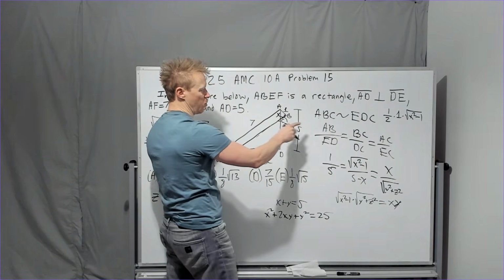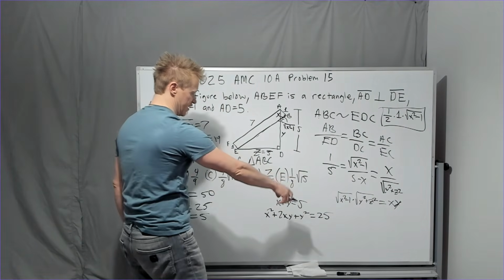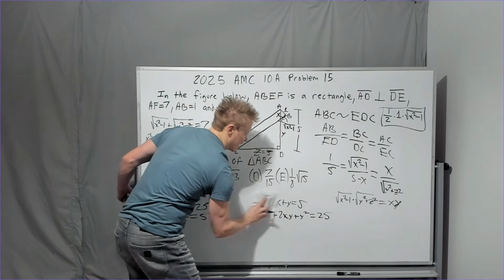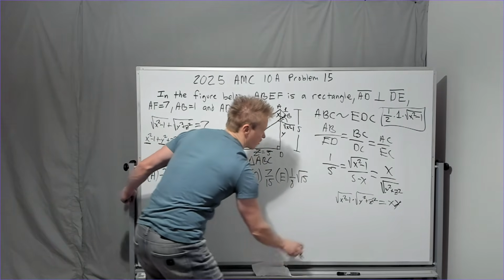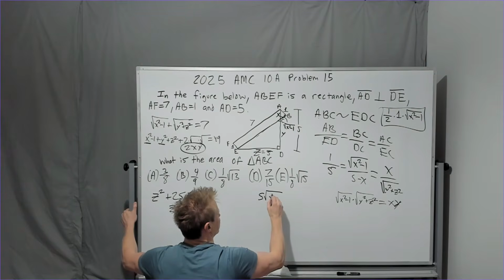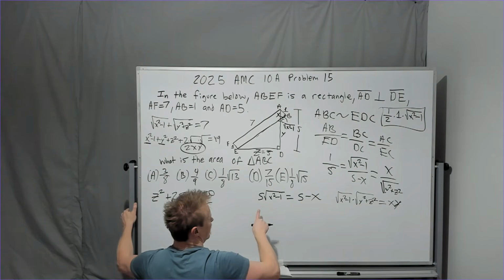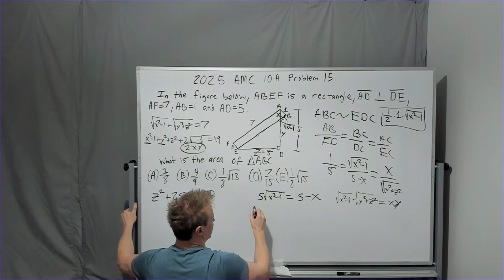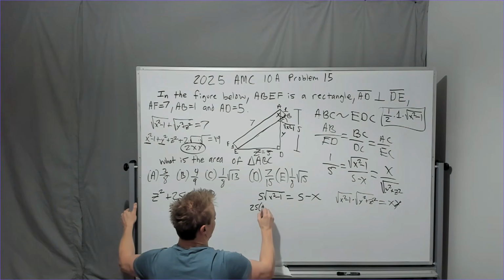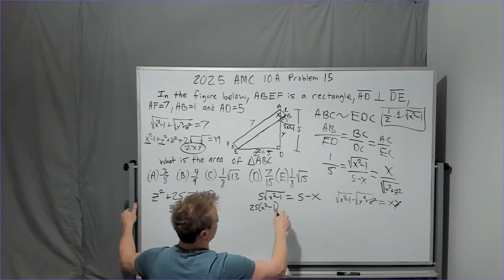Again, write what you want so you have a plan of what you're looking for. Now I'm going to go ahead and erase this again out of the way, and I'm going to cross multiply this. So I get 5 root x squared minus 1 equals 5 minus x. Going to square both sides right now. I'm going to get 25 times x squared minus 1. Yeah, you're going to have to solve for x.